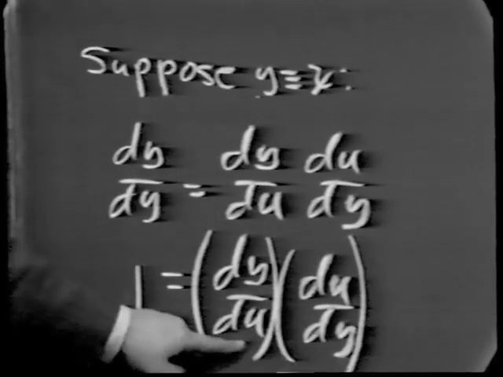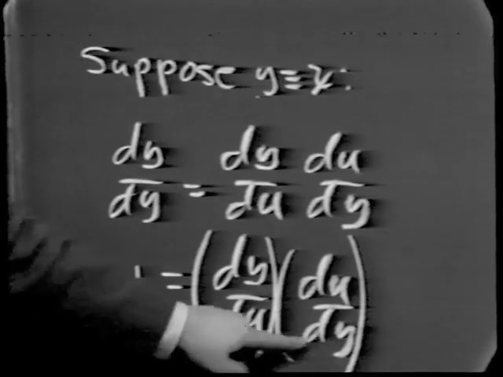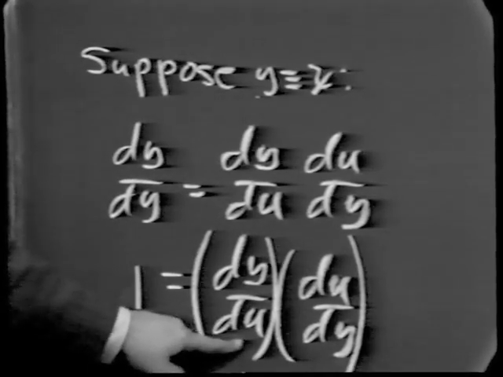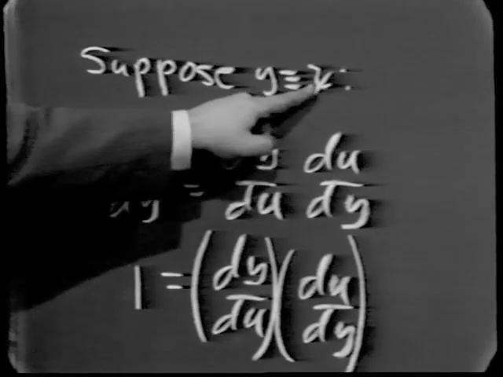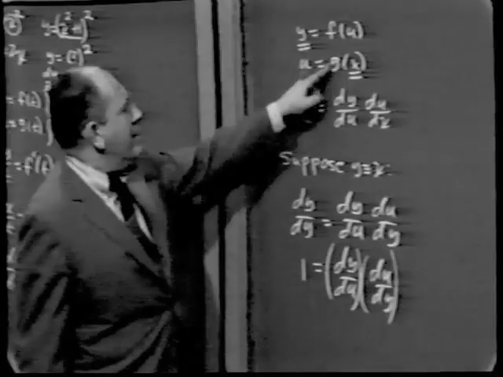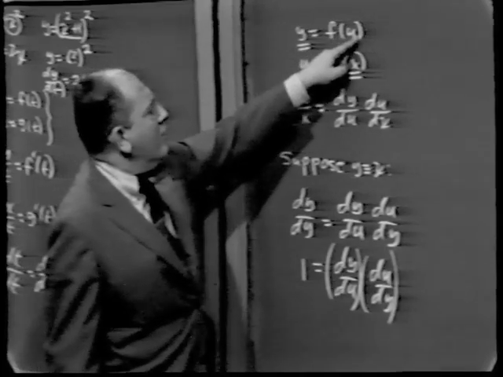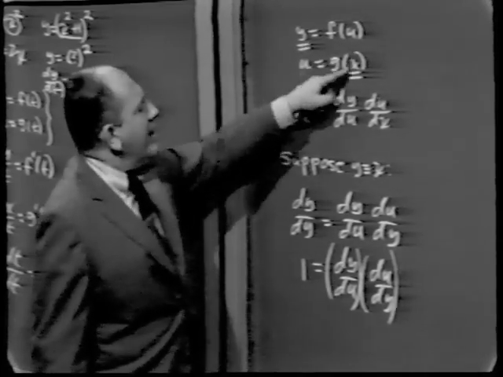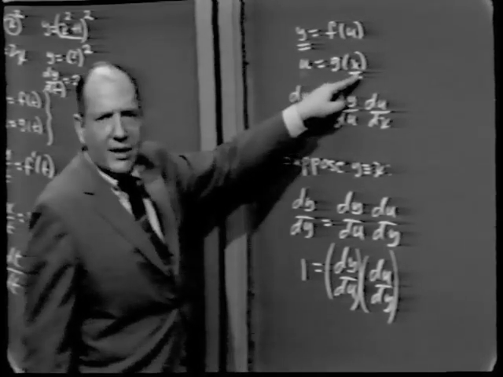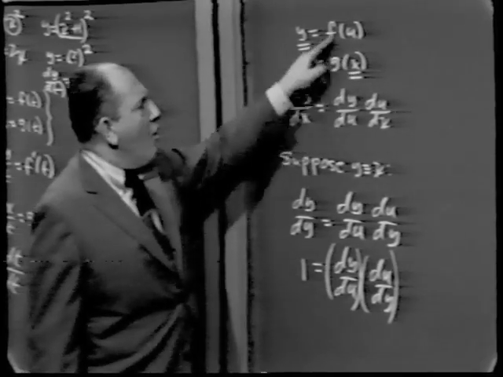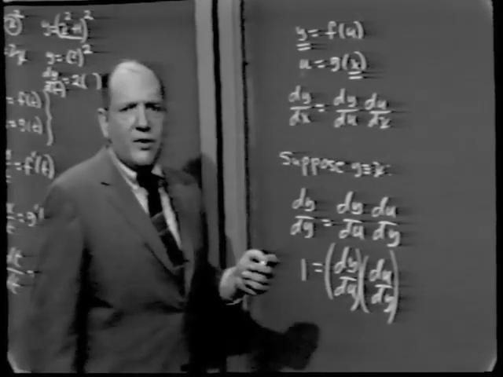Now, what I want you to observe over here is what this whole thing means. Namely, if y happens to equal x, do you see what this thing says? It says that y is a differentiable function of u, and u in turn is a differentiable function of y. That's precisely what we meant when we talked about inverse functions.